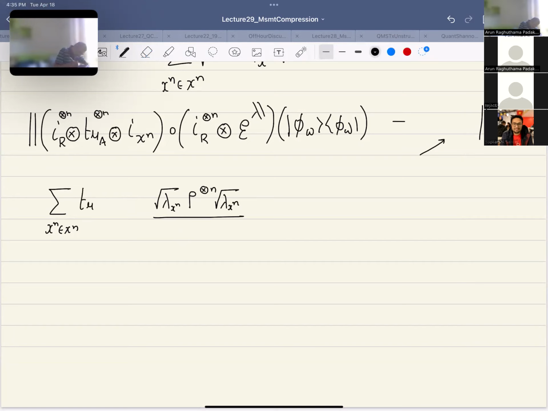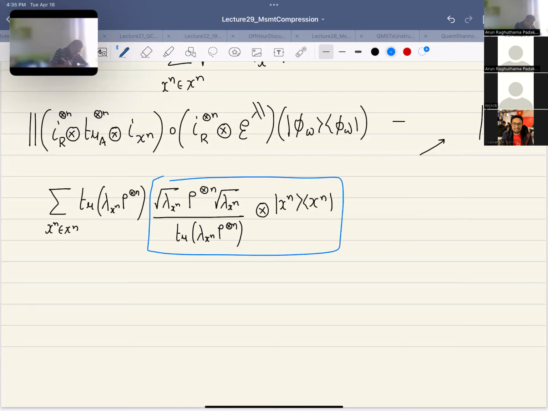So trace lambda xn rho tensor n, trace lambda xn rho tensor n. So the reason I'm writing it like this is that these are trace unity, okay, and you are just mixing so many of them.